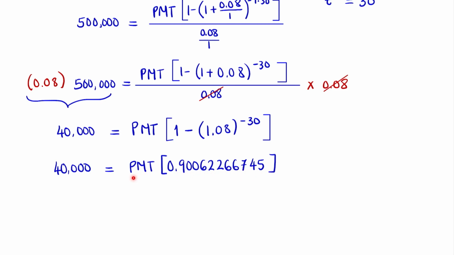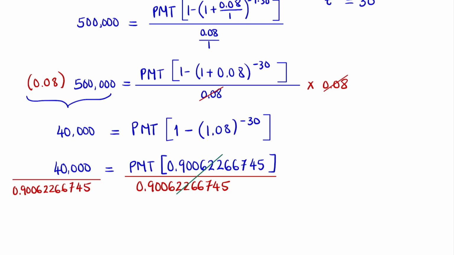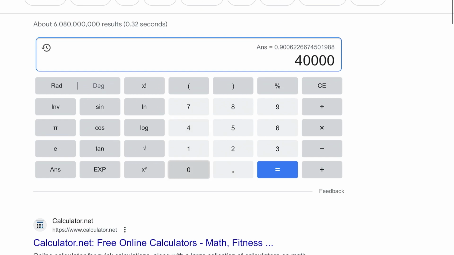And this number is multiplied by the PMT. In order to solve for the PMT, I will divide both sides of this equation by this number, and this gets canceled out. So PMT is going to be 40,000 divided by 0.90062266745.